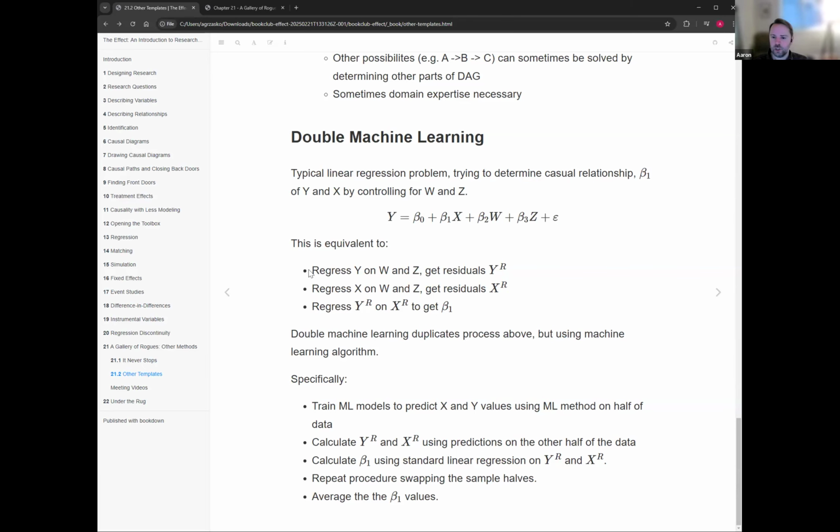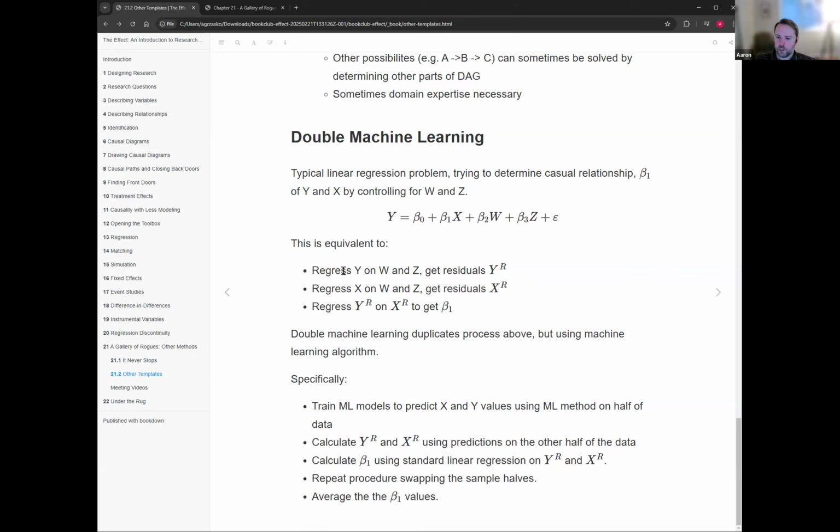And you would do two of these regressions: Y, the outcome, on W and Z, and then your X on W and Z, using XGBoost or something. So there could be interactions and nonlinearities between all these variables. And anything that has a decision tree under the hood tends to do a better job at picking up some of these interaction effects and nonlinearities.